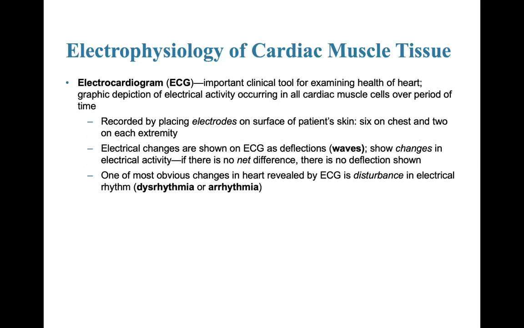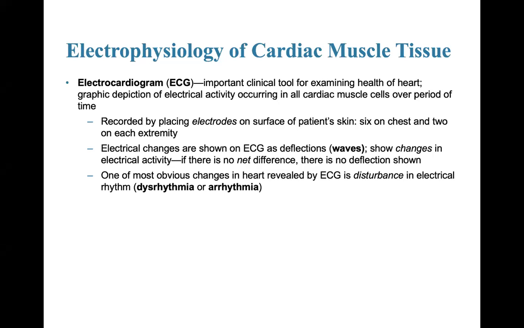Looking at an ECG or an EKG, this is an important clinical tool for examining the health of a heart. It is a graphic depiction of electrical activity occurring in all cardiac muscle cells over a period of time. The recording occurs by placing electrodes on the surface of the patient's skin, 6 on the chest, 2 on each extremity.